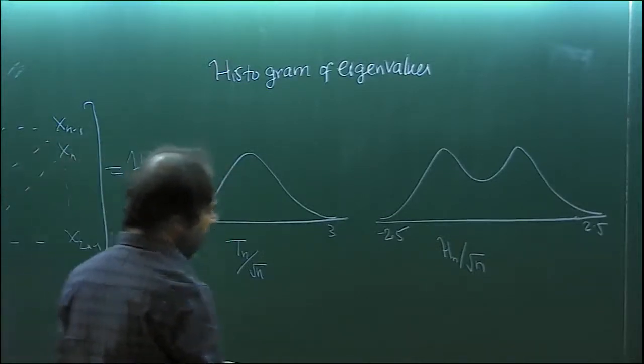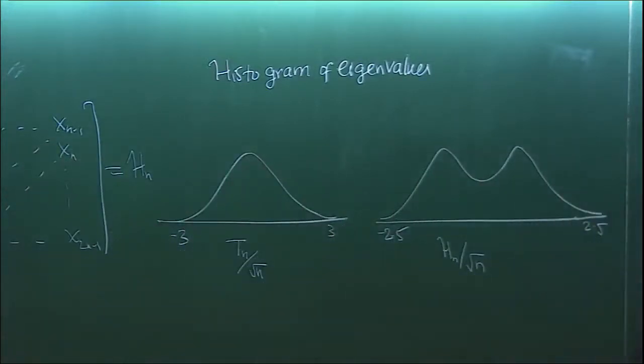To make this precise for the shape of the histogram, one looks at the empirical spectral distribution, where you look at the eigenvalues as a probability measure. Let lambda_1, ..., lambda_n be the eigenvalues of T_n over root n, or H_n over square root n.